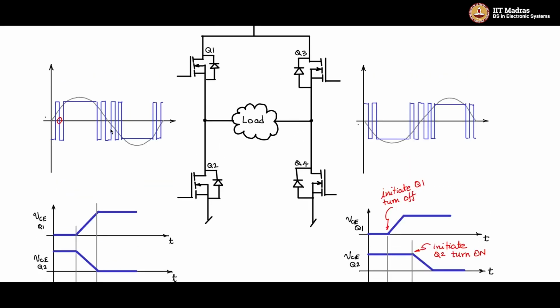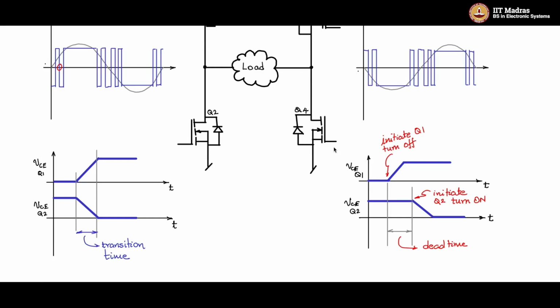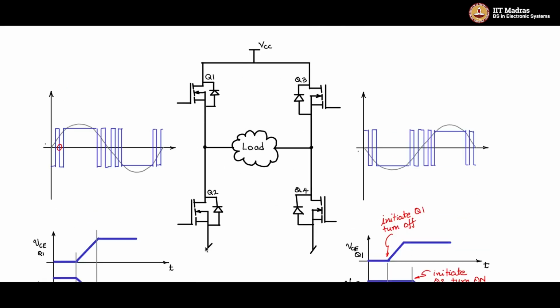So how do we derive the gate signals for the top switch Q1 and the bottom switch Q2, and similarly for Q3 and Q4? That's what we will discuss, and we will also try to incorporate a delay circuit where you will see this delay come into the picture, incorporating dead time and avoiding direct shoot through currents.